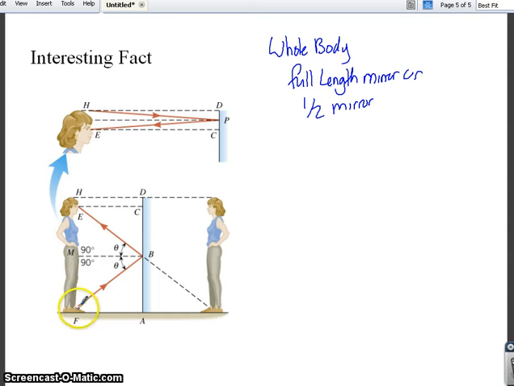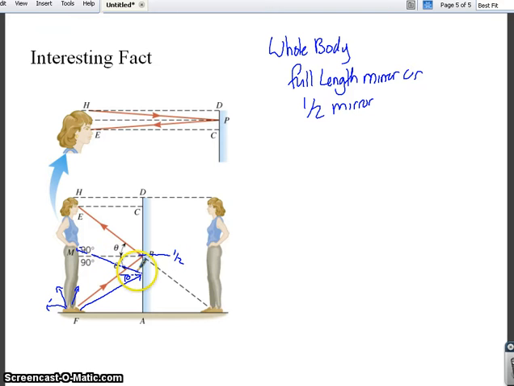Well, if her feet are casting off light in all directions, sending off light rays in all directions, what happens when a light ray hits right here? We know the angle of incidence is going to equal the angle of reflection. And so this light ray that is below the halfway point is not going to hit her eyes.